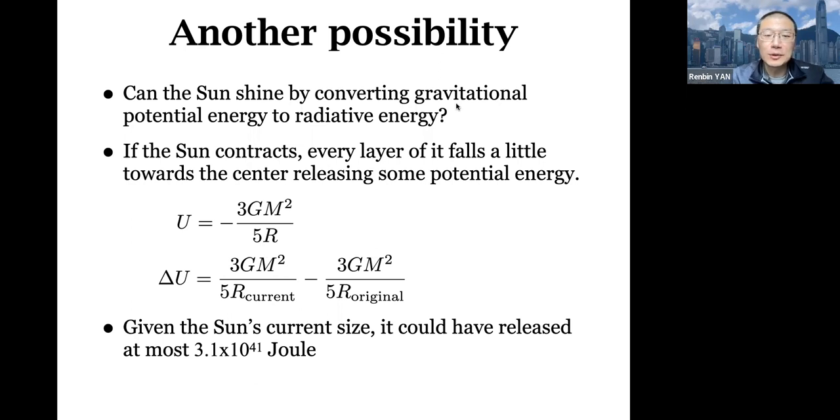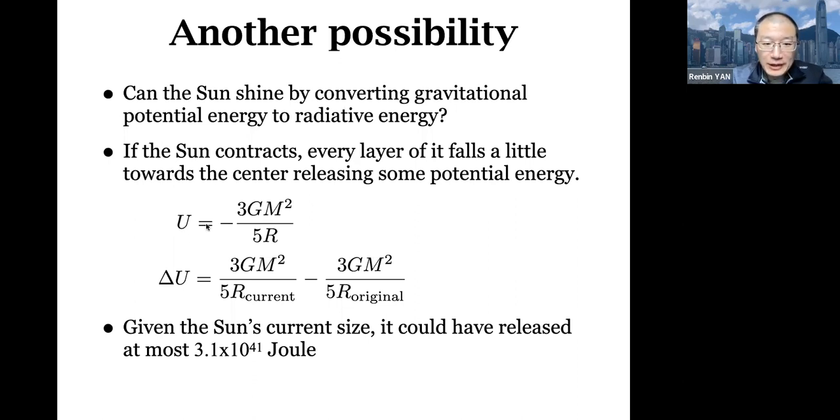If you drop a stone from a mountain, when it reaches the ground it will have very high velocity, and maybe that energy can be converted to light, and maybe the sun is doing that. Maybe the sun is just contracting a little bit, and every layer of it falls a little toward the center, and that will release some gravitational potential energy, and maybe that is enough to power the solar luminosity.